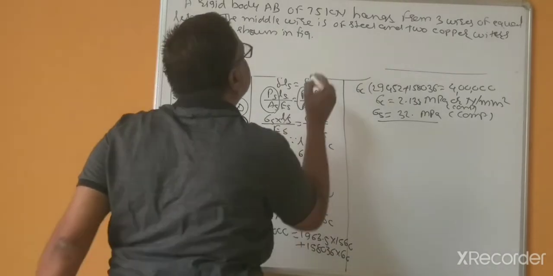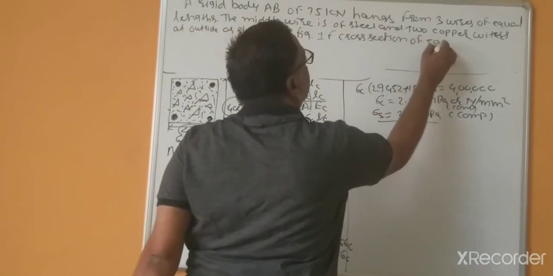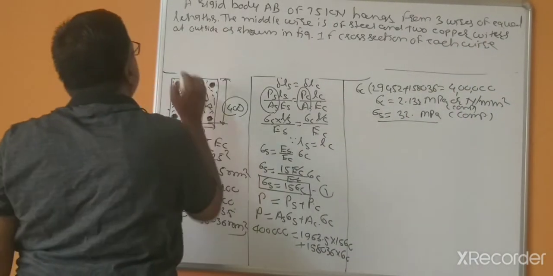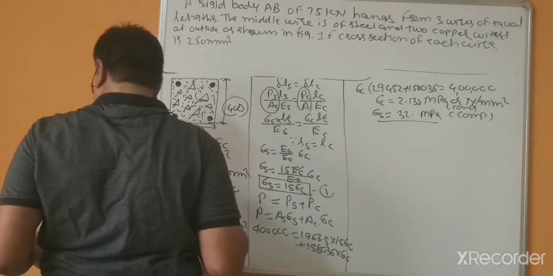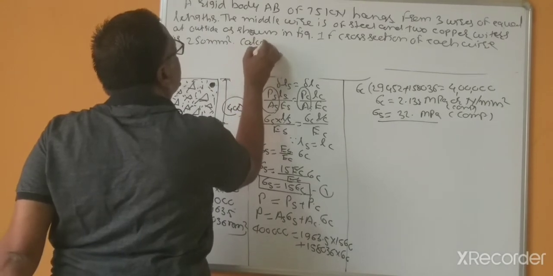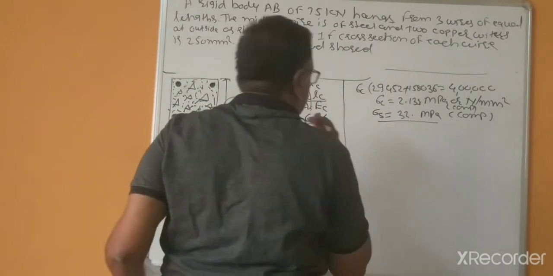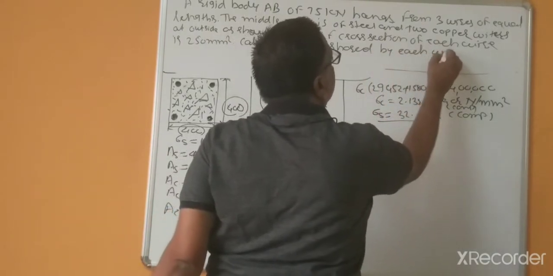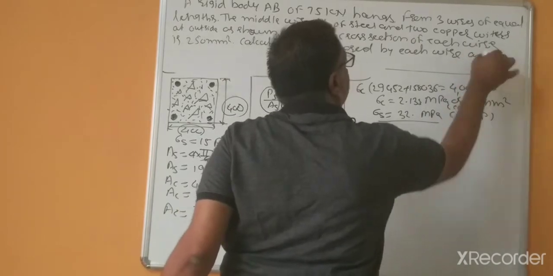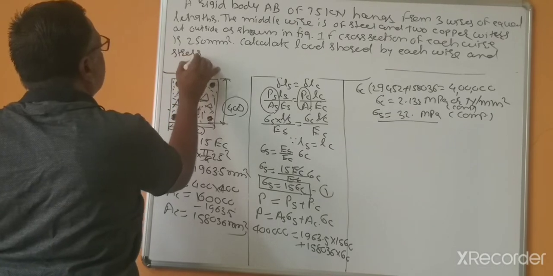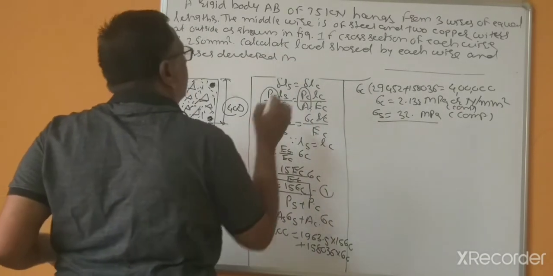If the cross section of each wire is 250 mm squared, calculate the load shared by each wire and the stresses developed in them.